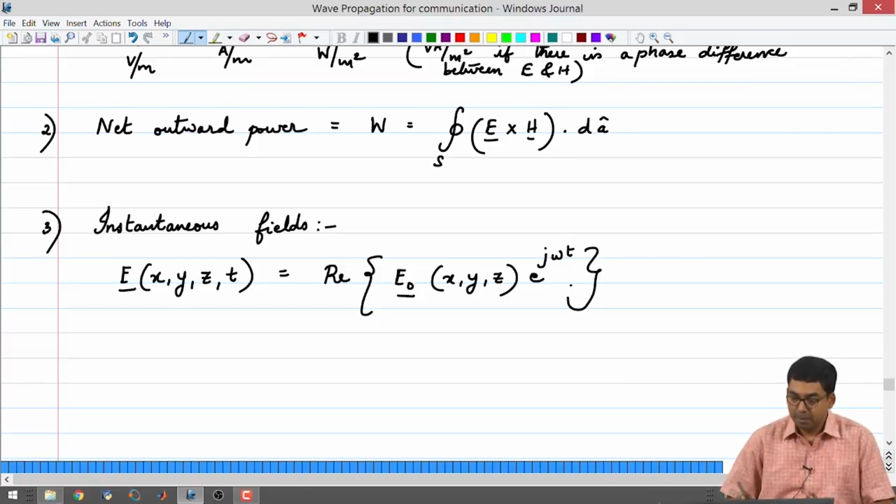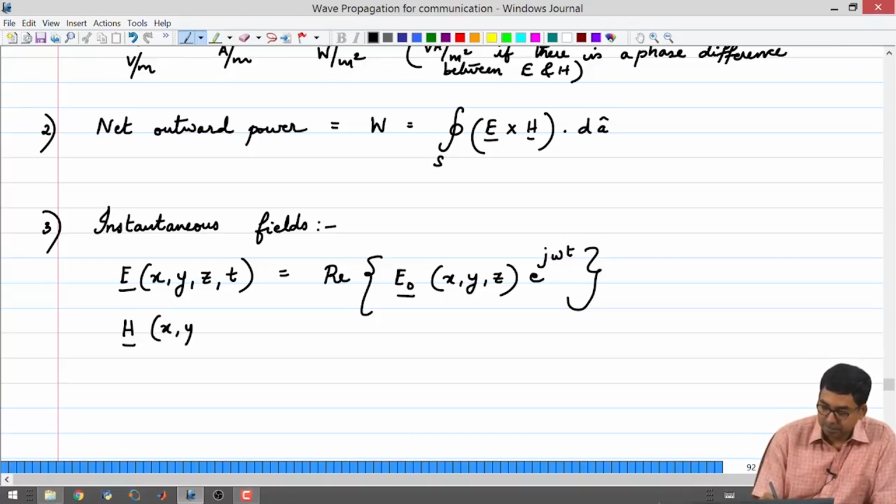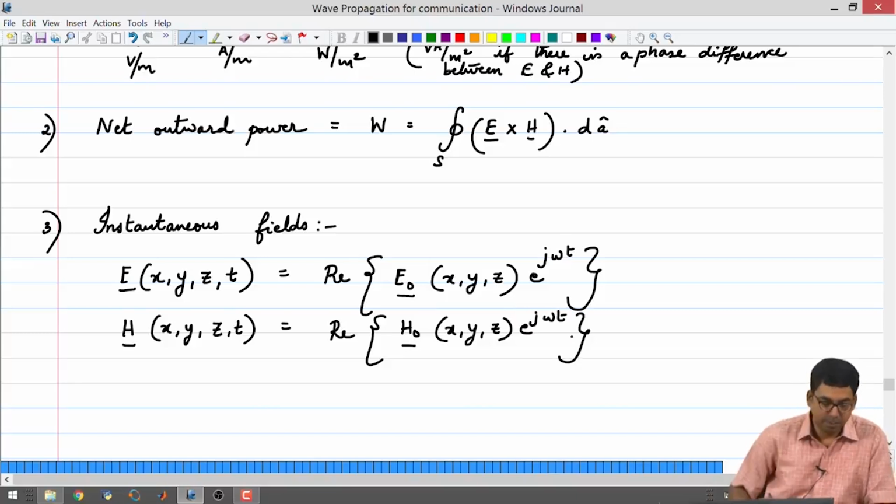This is what we mean by instantaneous field, and in this case I have taken a very generic scenario where the electric field is a function of x, y and z. Similarly, the magnetic field can also be written as H naught, which is a function of space, periodic with time.